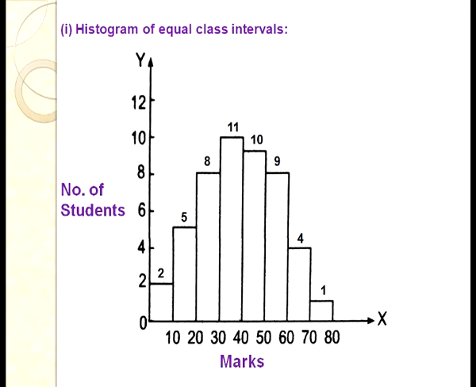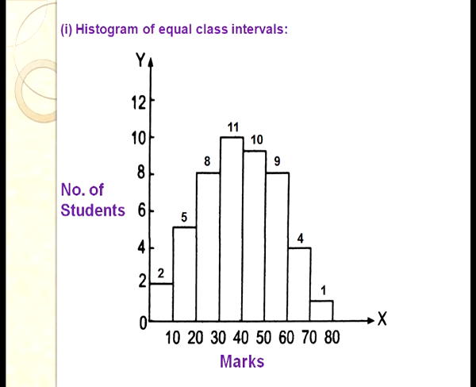We can see on the x-axis we have given marks 0, 10, 20, 30, 40, 50, 60, 70, 80. On the y-axis the frequencies have been noted down, that is, the number of students. For 0 to 10, the frequency is 2, we have made one bar.